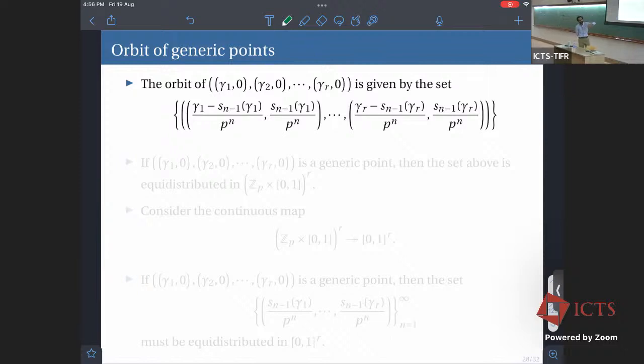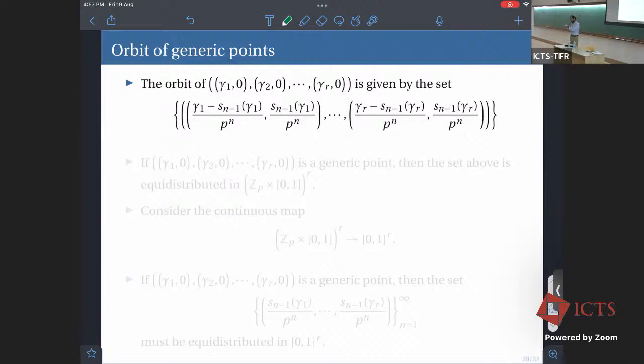So you're just shifting it n times. If you're shifting it n times, you're just removing the partial sum. So you're removing this partial sum Sn divided by p to the n, and then you're sending that partial sum divided by p to the n onto the real side. So you get Sn over p to the n.